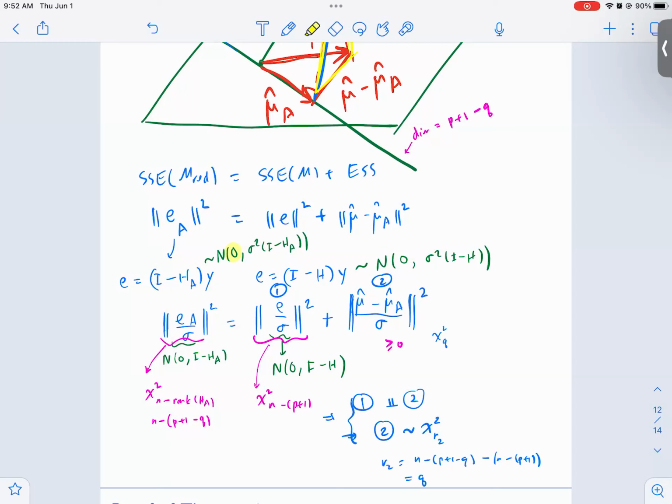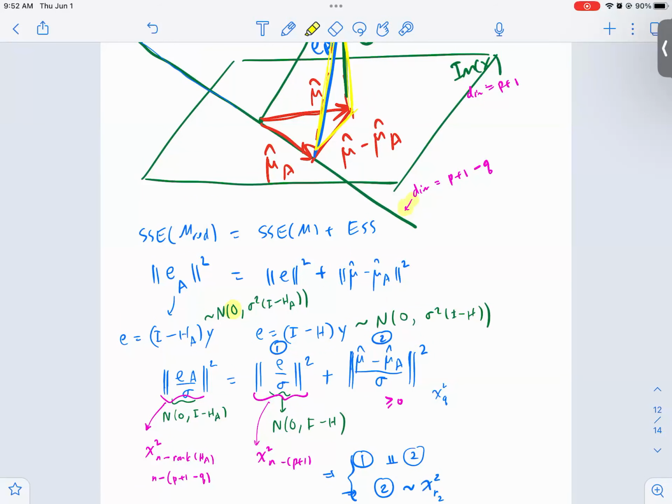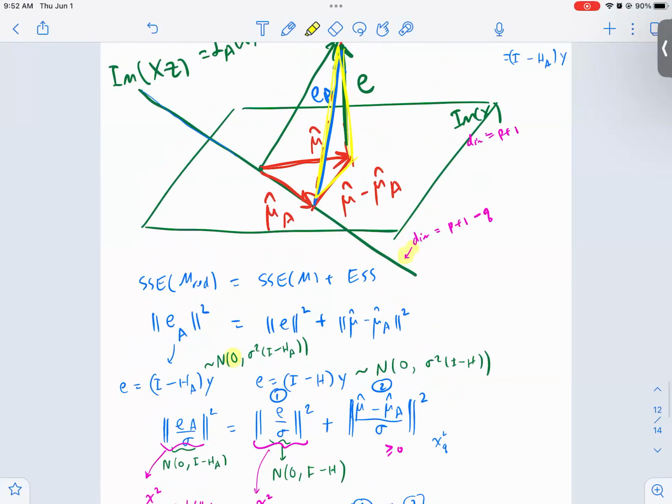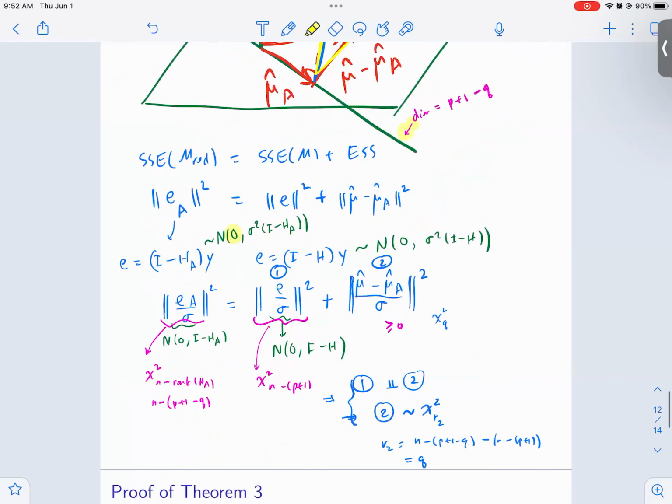If you understand what is going on, you get n minus that, because I minus H_A, where H_A is projecting onto this reduced subspace. The dimension of this reduced subspace is at most p plus 1 because it's inside the image of X, but it loses some dimensions because of the constraints. Because we have Q independent constraints, the dimension is p plus 1 minus Q. So that's where this comes from.